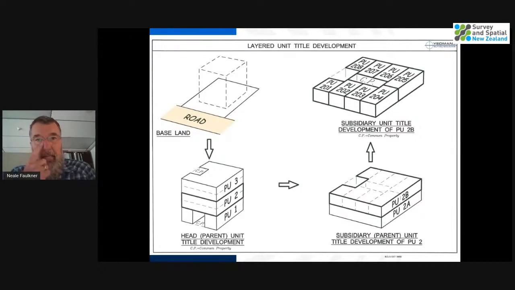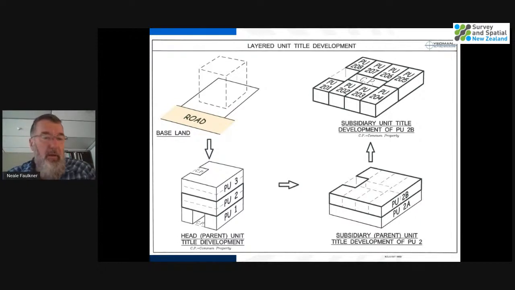So we're heading down the layered unit development. We create our first unit title plan, which creates principal units for the 3 uses. That's demonstrated in the bottom left-hand corner.